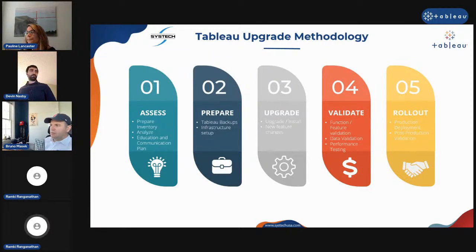And the prepare phase is where you download the version of Tableau that you want to install. How are you going to do the install? Is it going to be on a separate test server, which is what we normally propose and suggest? And then you download all of the latest versions of Tableau software, be it Desktop, tabcommands, and Tableau Server, and take a backup of your existing environment, right?